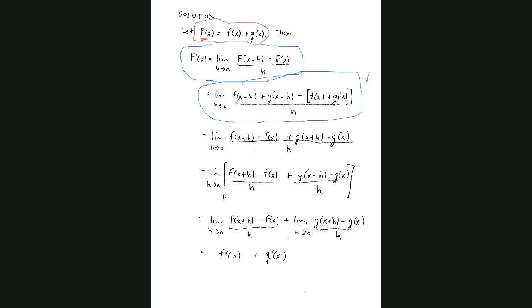All right, so we're going to use the definition of a derivative. And then we write out what big F of x plus h is, and we write out what big F of x is. Then we're going to subtract the little functions f and g and rewrite the quotient this way.